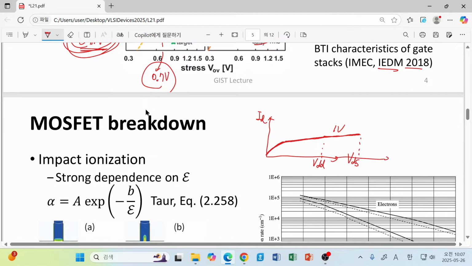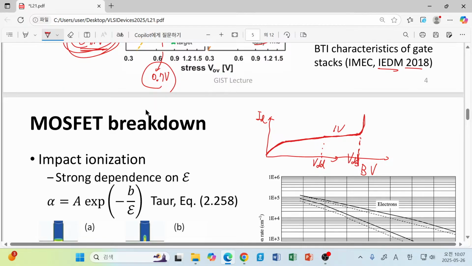But when we reach a certain voltage value, usually called the breakdown voltage, BV, its current value just increases vertically.